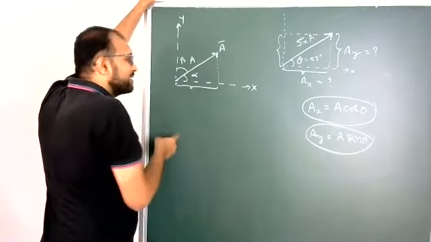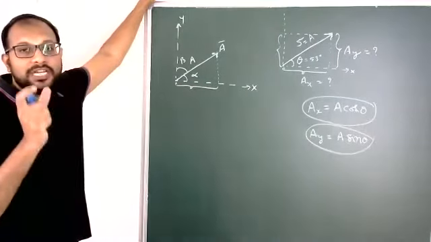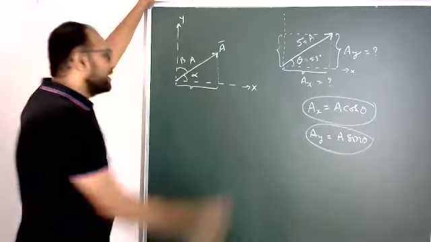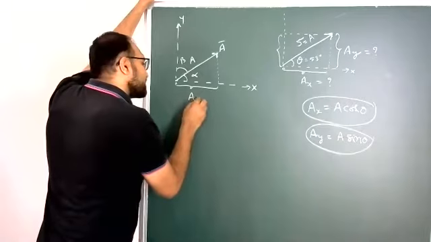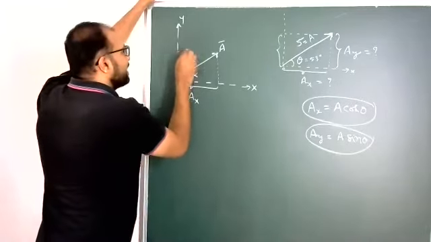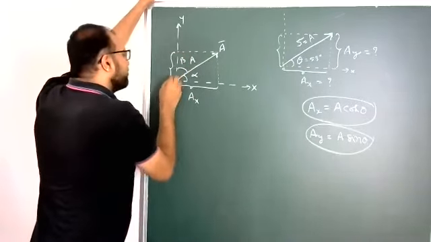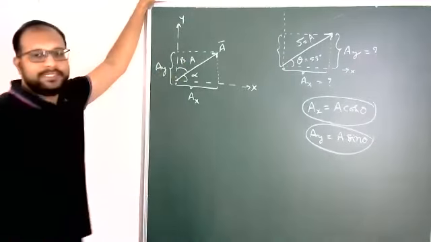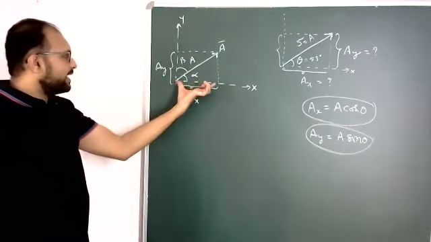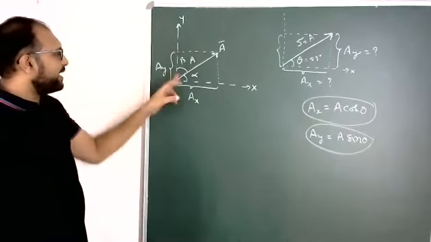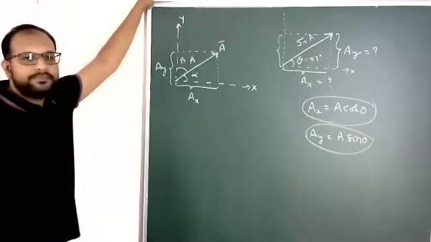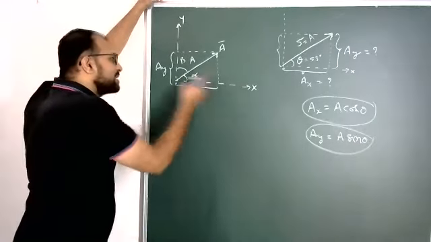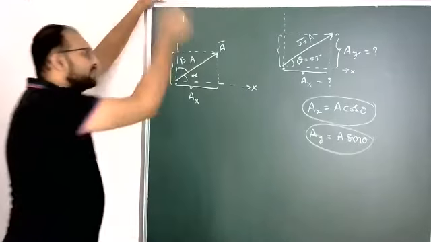The length of projection on the x-axis is nothing but the x component of A bar. This is Ax. Similarly, the length of projection on the y-axis is known as Ay, right? Here to here Ax, here to here Ay, here to here A. Now, here angle alpha with the x-axis, beta with the y-axis.